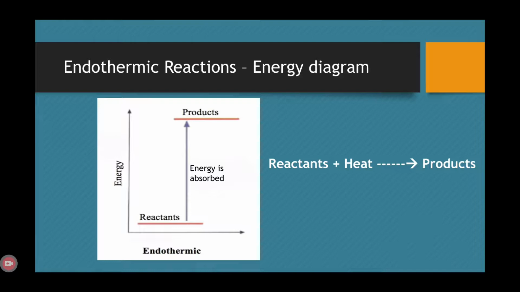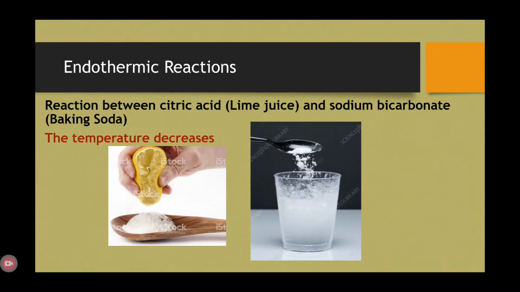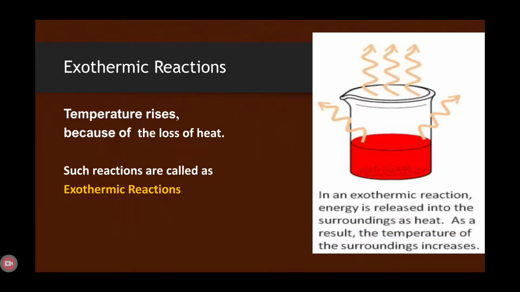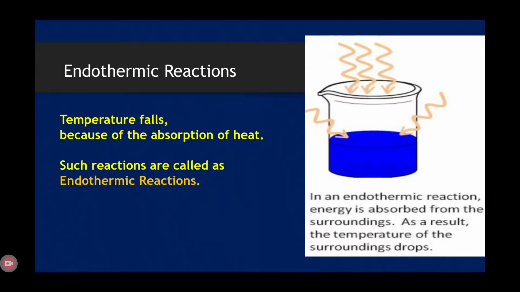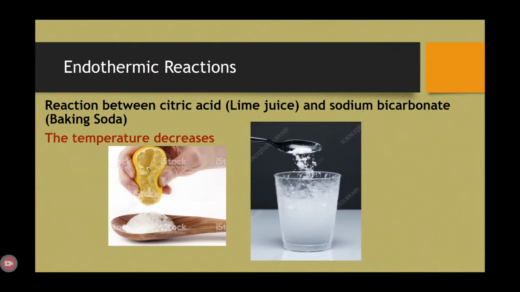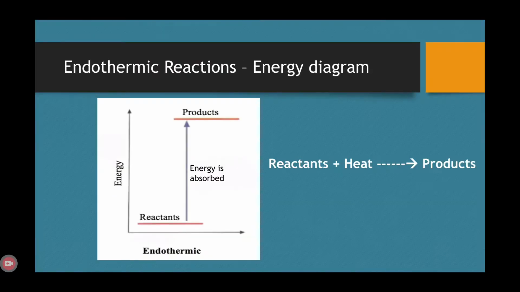The energy diagram for an endothermic reaction is like this. Energy of products is higher than reactants because they absorb heat from the environment. When an endothermic reaction is happening, it absorbs energy from the surroundings, so temperature falls. After absorbing energy, products contain more energy than reactants.